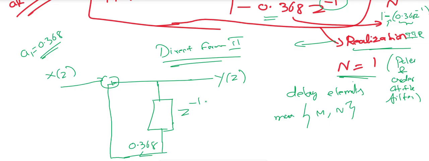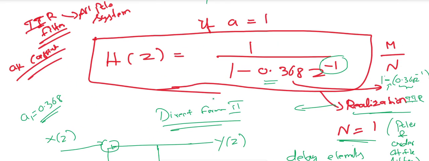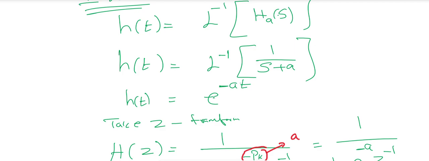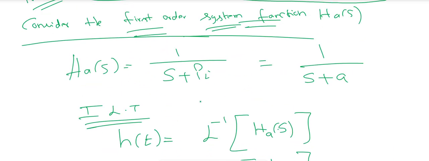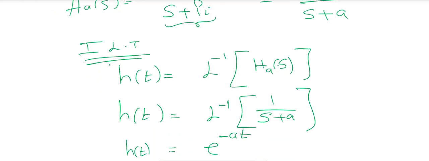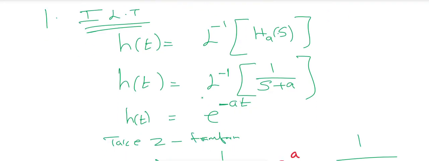Understand? So this is an example for the first order system, 1 by S plus A, where the pole is at S equals minus A. Step 1: take the inverse Laplace transformation.